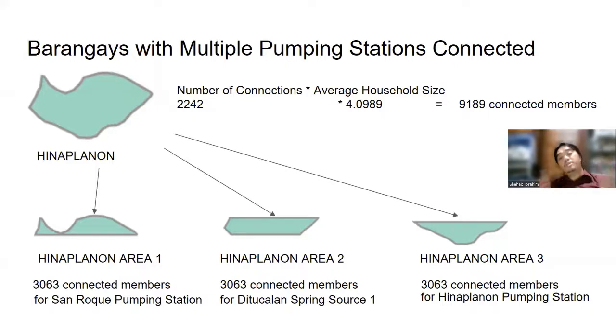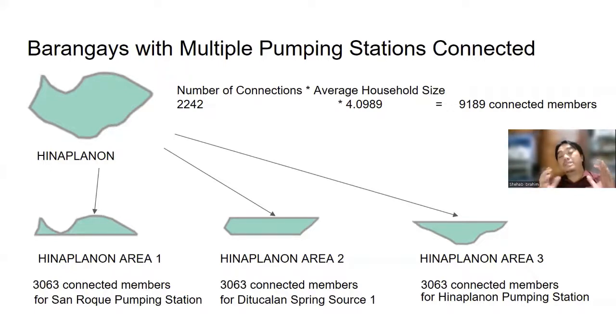Now, for this instance, Hinaplanon, there are actually 3 pumping stations connected to this barangay. These are the San Roque Pumping Station, Litocalan Spring Source 1, and Hinaplanon Pumping Station. So we used an algorithm or a code that will divide the polygon equally. We term these Hinaplanon Area 1, Area 2, and Area 3.